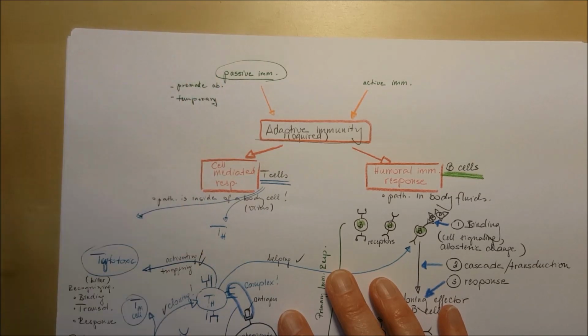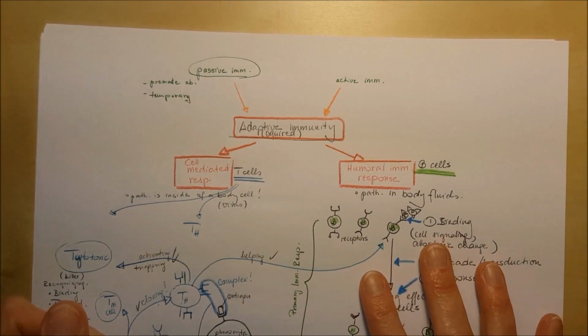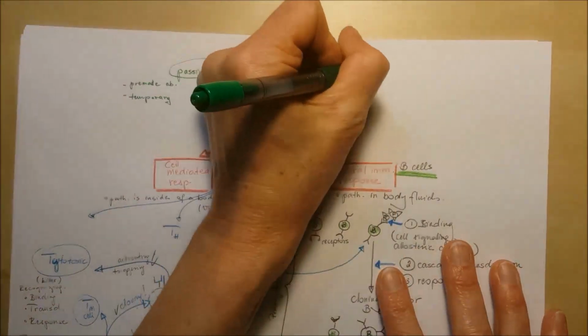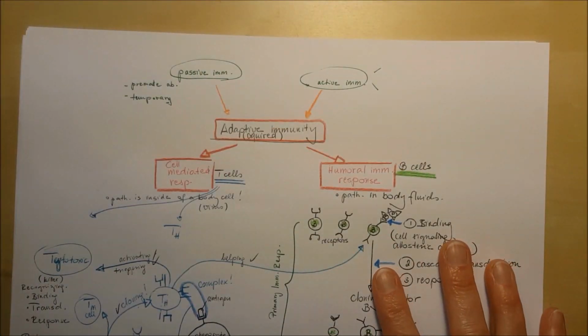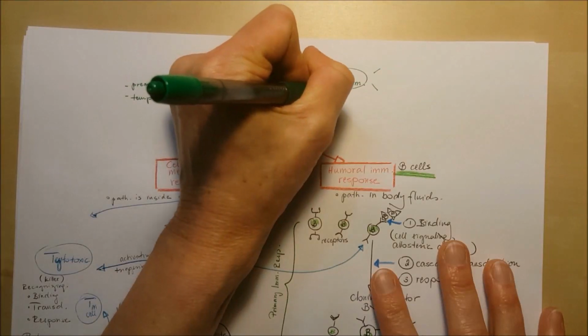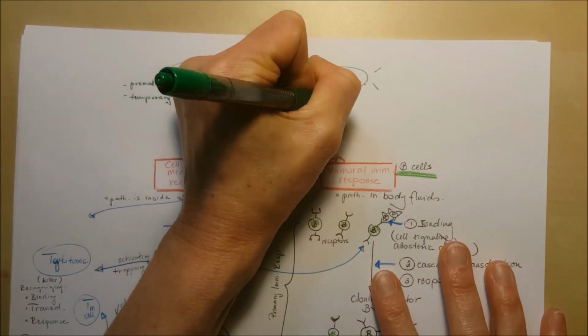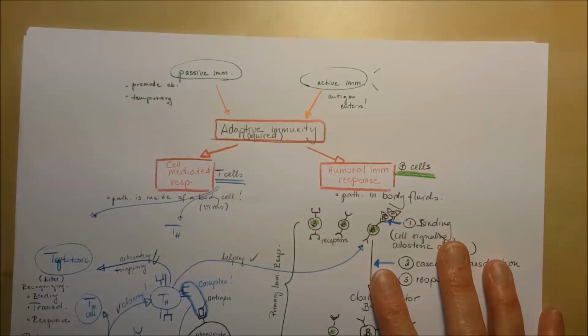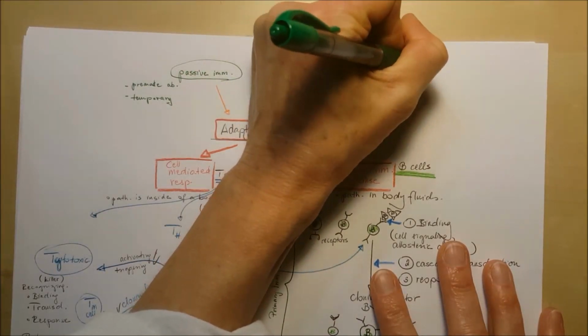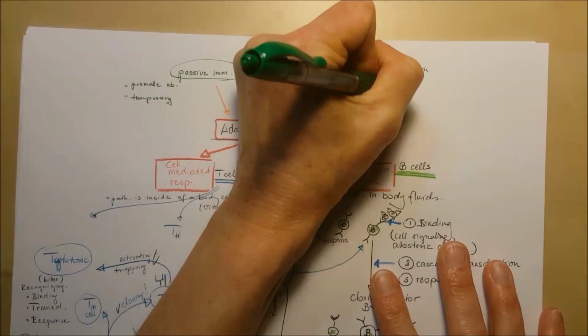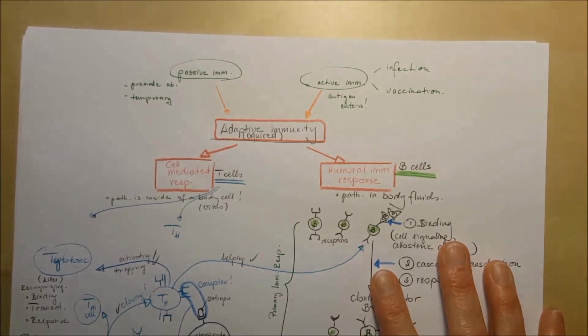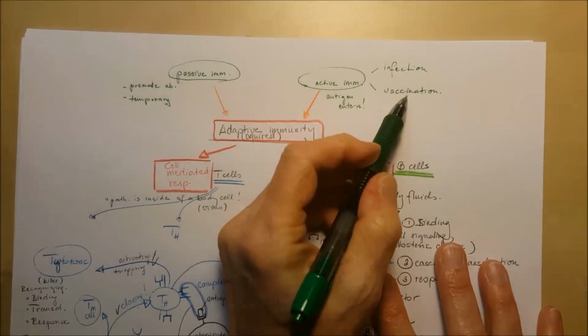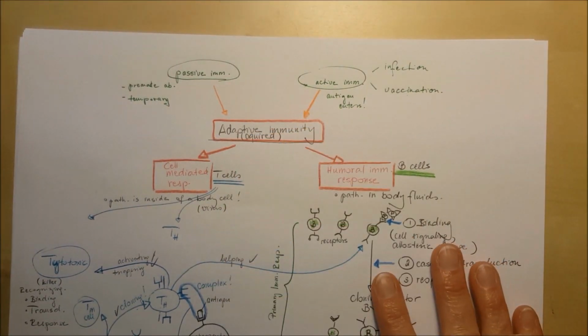It is temporary, but a great example is the mother milk and snake antivenom. When we get the antivenom against snake bites, we don't have time to make the body start to produce antibodies. And the active immunity, antigen enters the body and produces antibodies through infection or vaccination. That's it.